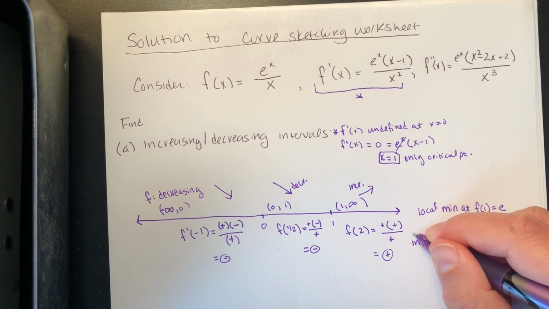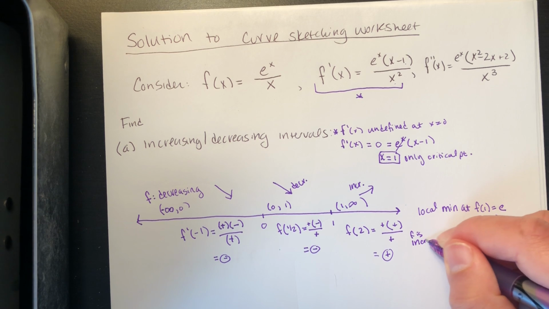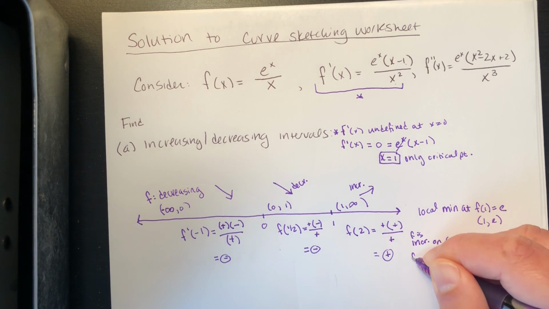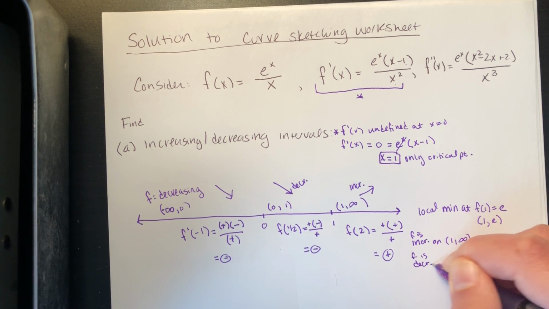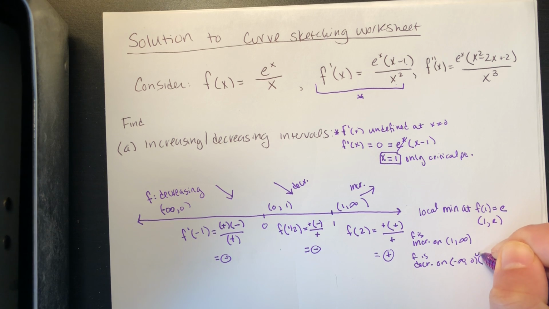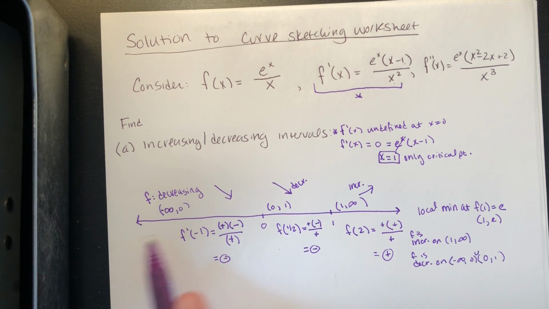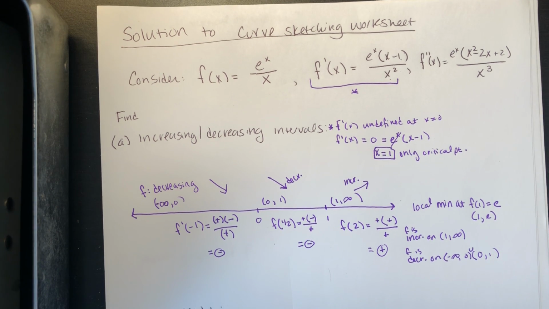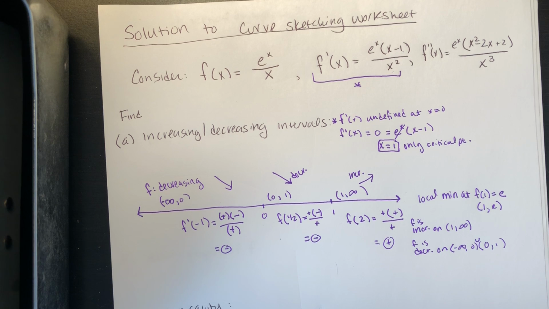And f is going to be increasing on 1 to infinity, and f is decreasing from negative infinity to 0, union from 0 to 1. And the reason we don't just squish this into one big interval, remember, is that f is not defined at 0. So that tells us our increasing and decreasing intervals.